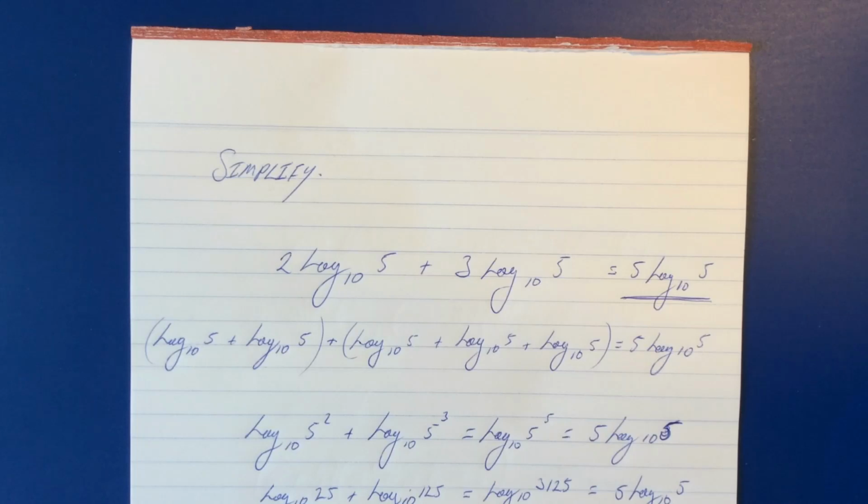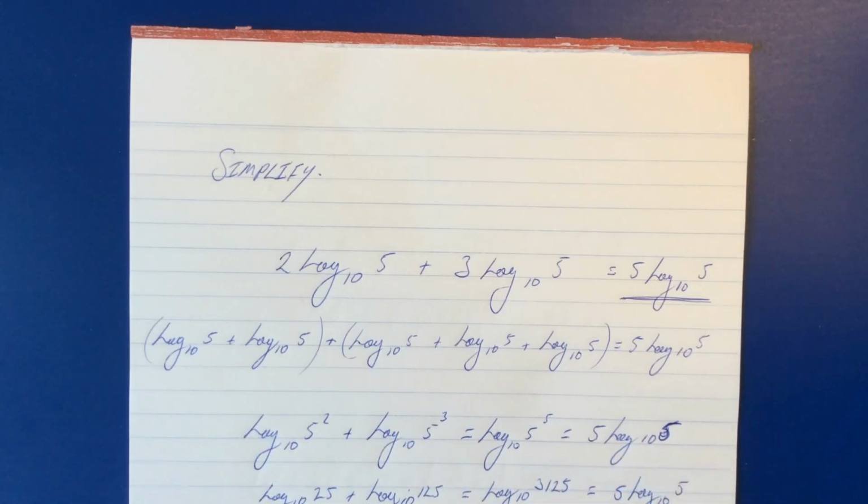So if you think back to index laws and things like that, just bear in mind that the standard practice is to add, and indeed that's what we wind up doing. Okay, so here's another way of looking at this and getting this answer.